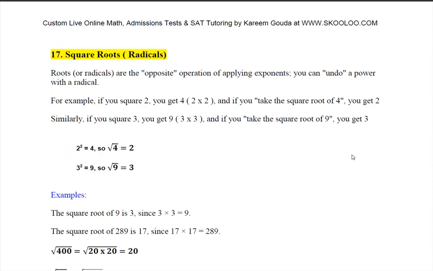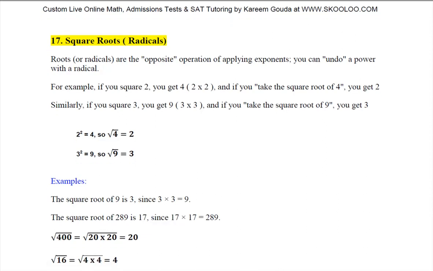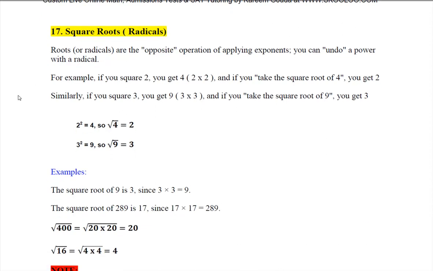Square roots or radicals. A square root is basically the inverse of squaring, of a power of 2. So basically, if I know that 2 squared, 2 to the power 2 equals 4, then the square root of 4, which is the answer, equals the original number 2.